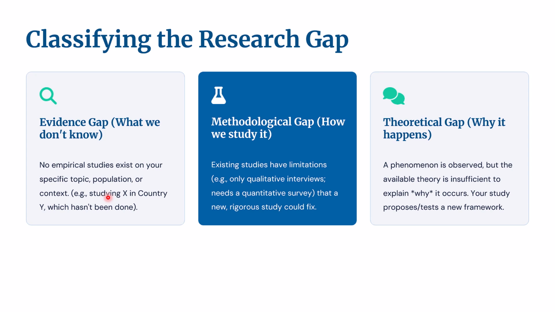For example, studying X in country Y, which hasn't been done. We have a study that was conducted maybe in the United States, and now you want to conduct the same study in Cameroon. That is a gap.